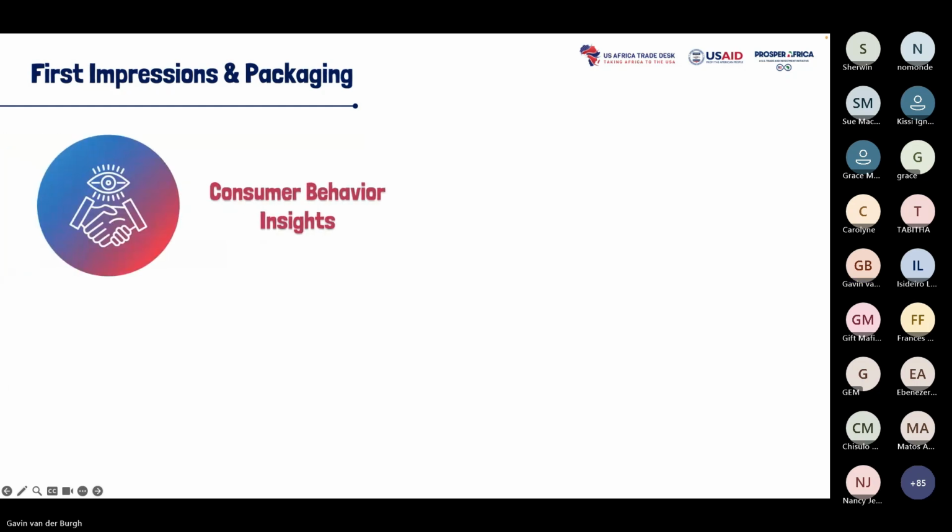So let's talk a little bit about the first impressions on your packaging. Consumer behavior insights that we pull from pools of data here in the United States. General research shows that a customer is going to make a purchasing decision within 7 seconds. And your packaging communicates either the quality or the brand identity.